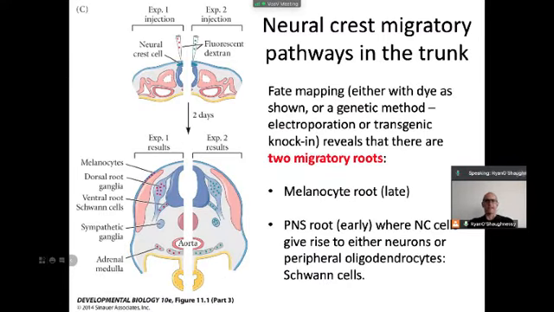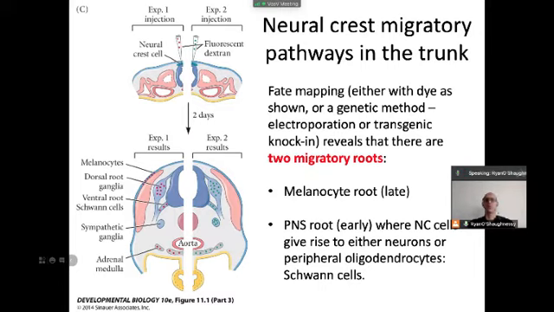So where do these cells go? What do they form? Well, people have performed what are called fate mapping experiments, where you label the neural crest cells either with a fluorescent dye, or you genetically label them with a marker for a gene you know is expressed in neural crest.